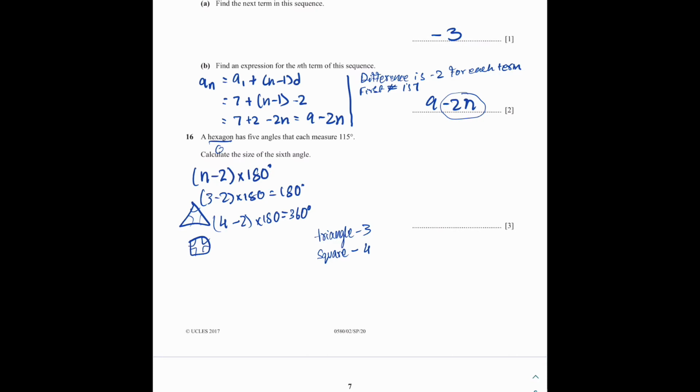Then you have a pentagon with 5 sides, hexagon with 6 sides, heptagon with 7, octagon with 8, nonagon, I'm not sure if that's how you spell it, but 9, and decagon, which is 10. That's all you need to know.